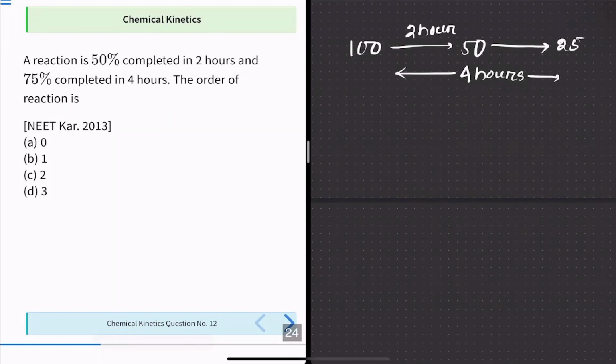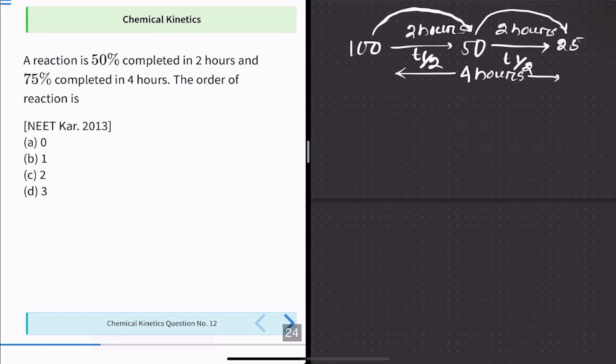That means from 50 to 25, it would take 2 hours. Notice from 100 to 50, it is converted half. From 50 to 25, it is also converted half. These are the T half.